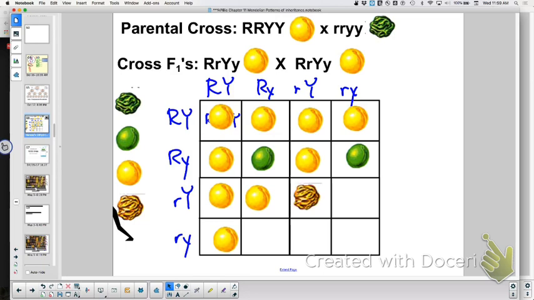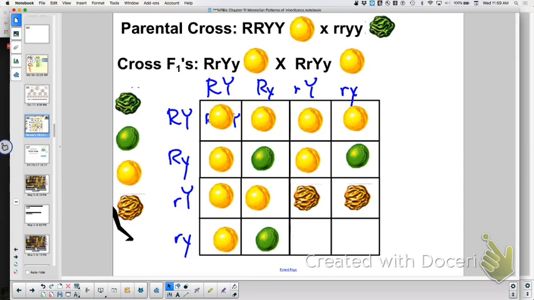There we go. What's this one? Wrinkled and yellow. Are we okay with that? Wrinkled and yellow. What's this one? Okay, good. Okay, what's this one? Round and green. Round and green. Yes, I agree with that. What's this one?